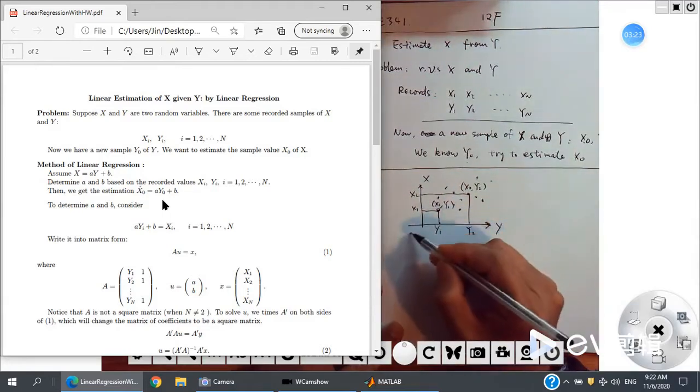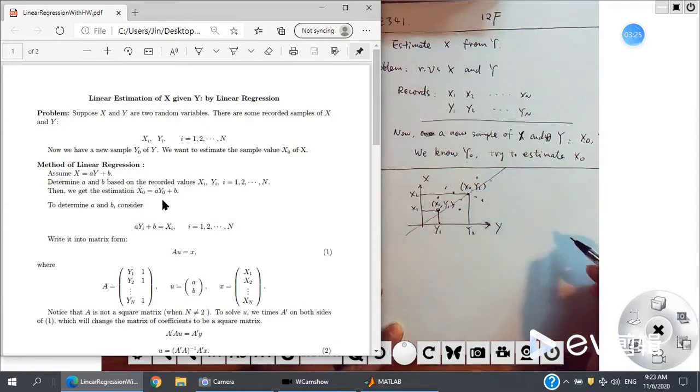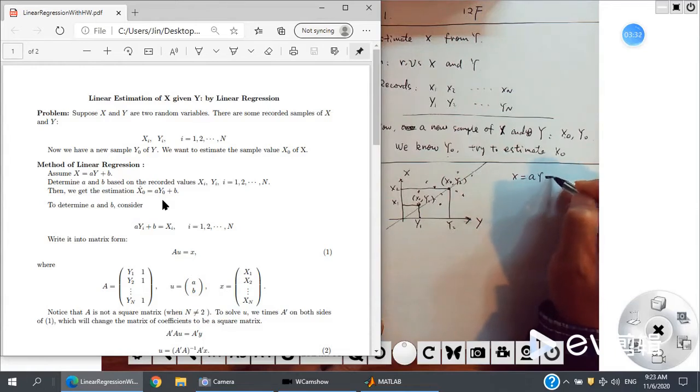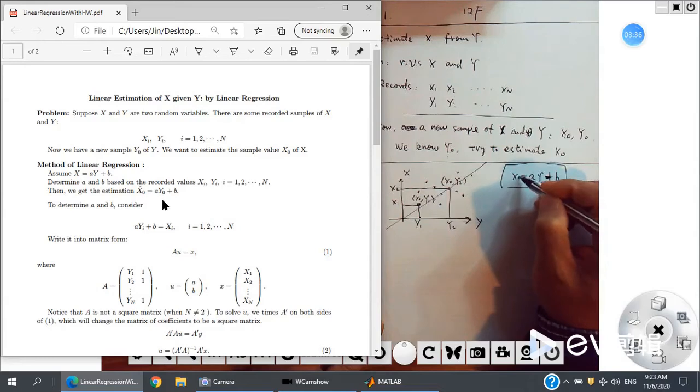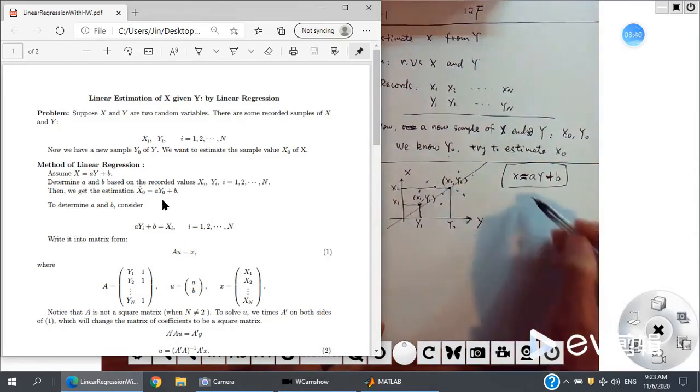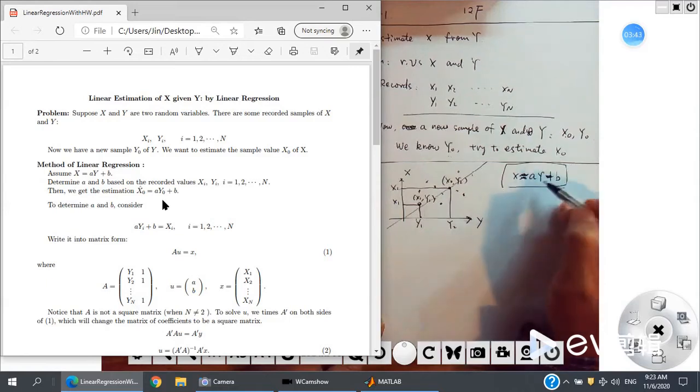Then you find the relation. You suppose x equals a times y plus b. Not exactly the same, it's approximate, a relation between x and y. When you determine this, that means determine a and b.